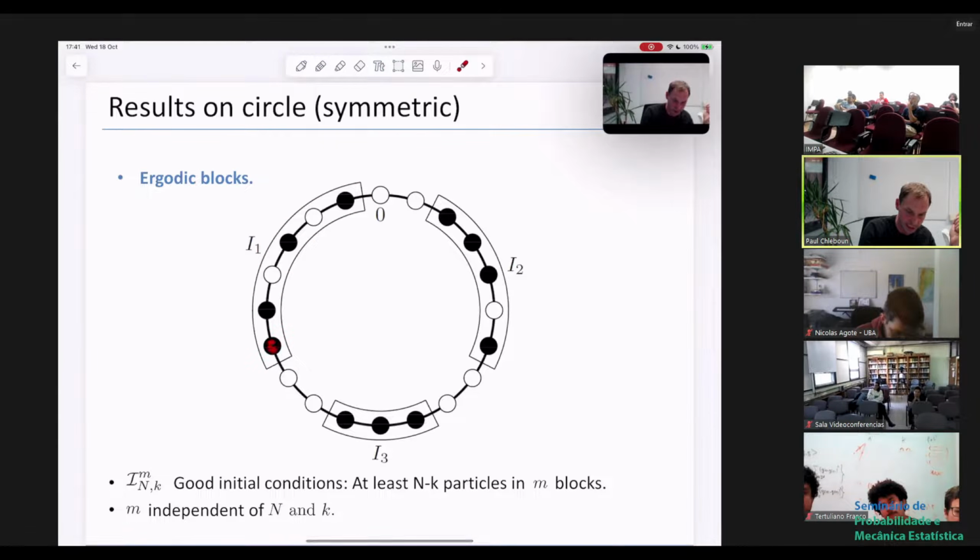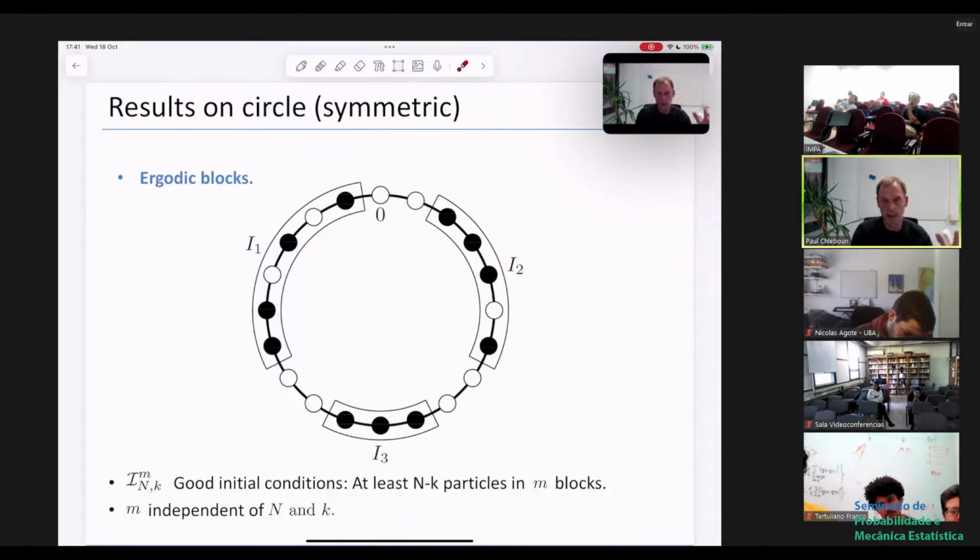So in particular, there's a particle at either end in this block, and everywhere in between, there is at most one empty site. So outside of these ergodic blocks, there are just empty sites, and inside the blocks, the process already looks ergodic.